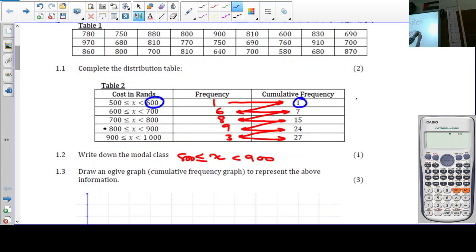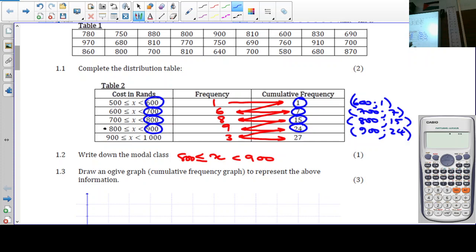So the points to be plotted are going to be 601, then 707, then 815, 924, then 1027.